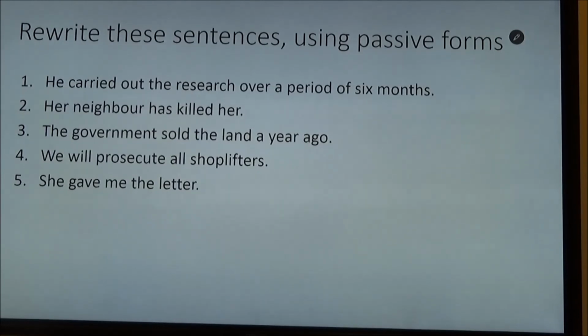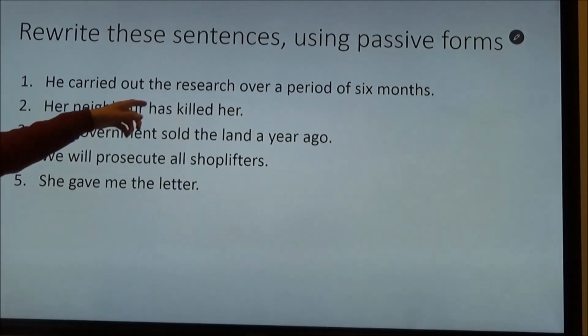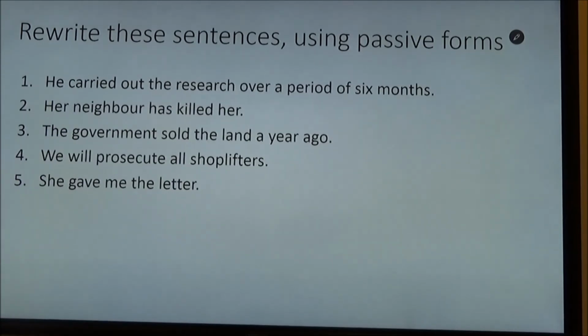And can you explain how you went about this? The research is the object, yeah. And carried is past simple. And there's no auxiliary verb, right? So we say the research was carried out. Excellent. Over a period of 6 months, by him, between brackets.